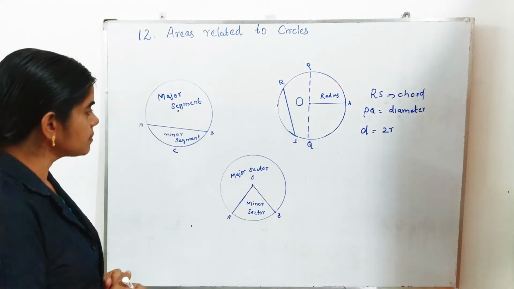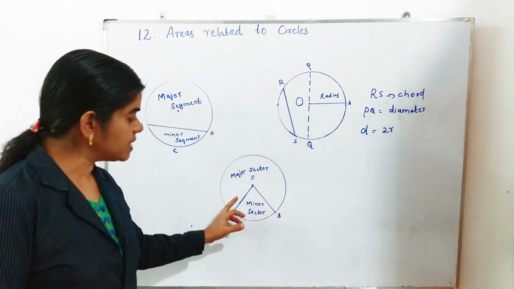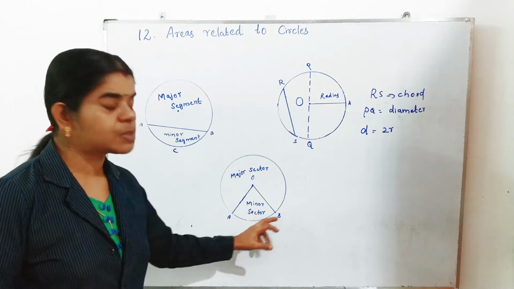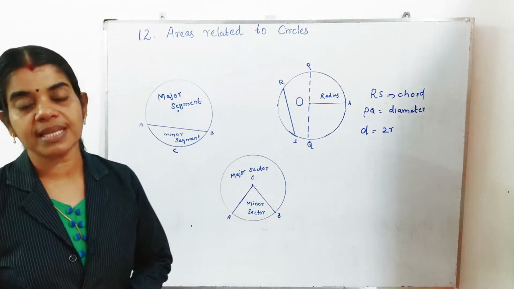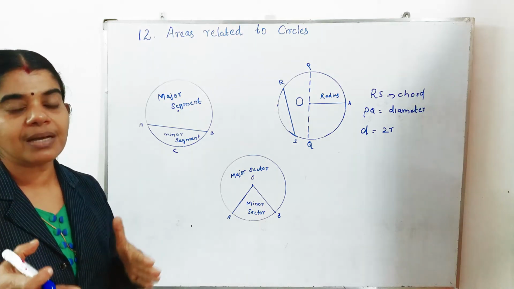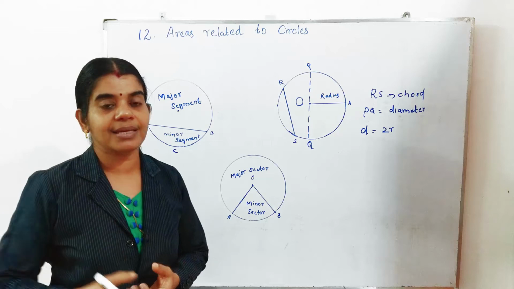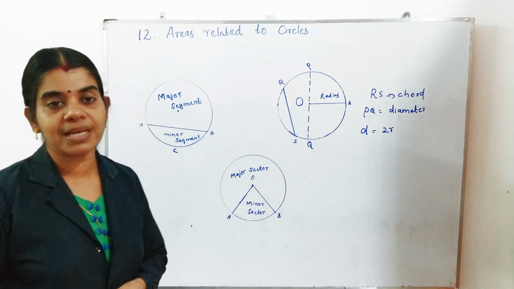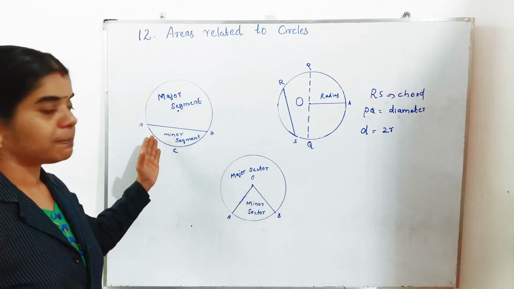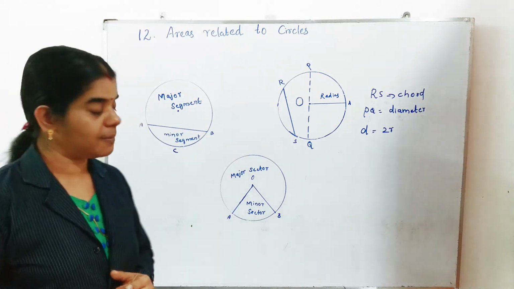Like that, sector means the space between two radii and the corresponding arc of a circle is known as the sector of a circle. Normally for sector we can think about a cake piece, how we cut the cake from the center. Cake pieces will be the sector. A piece of puppet we can take as a segment of a circle.